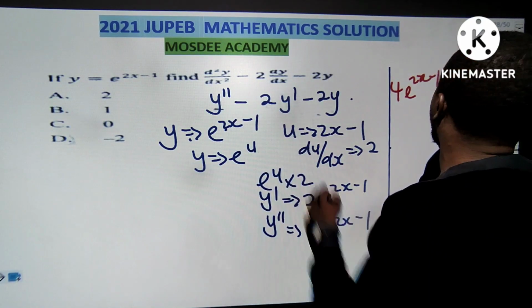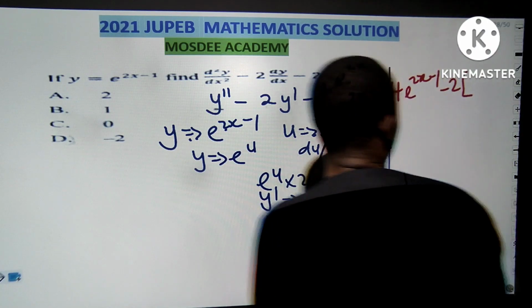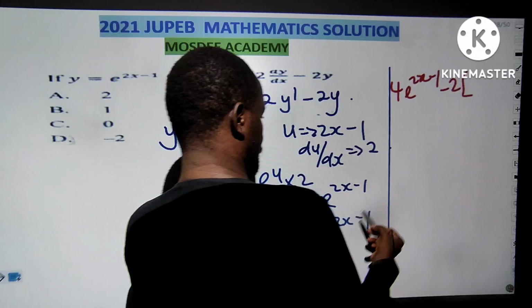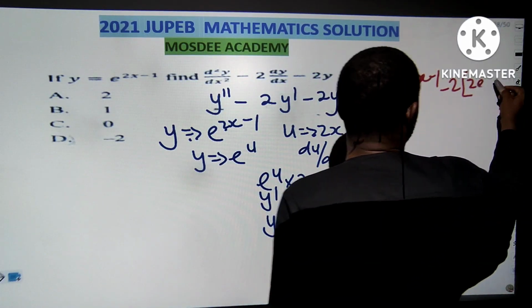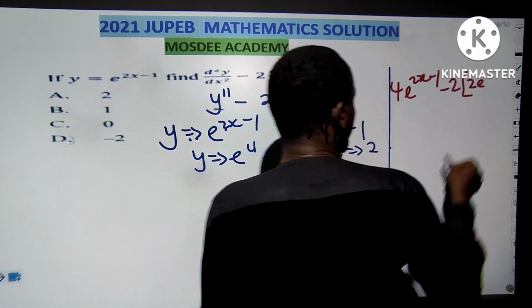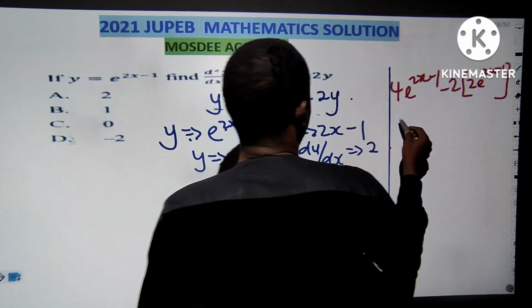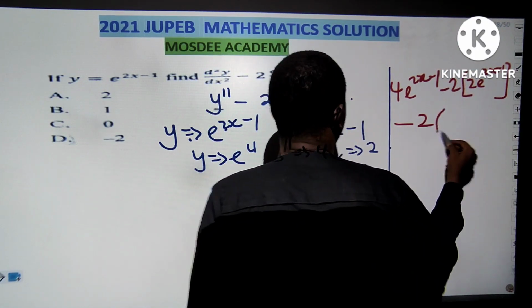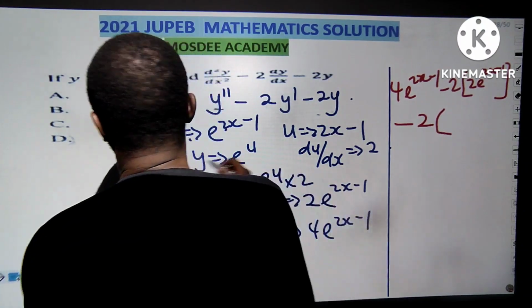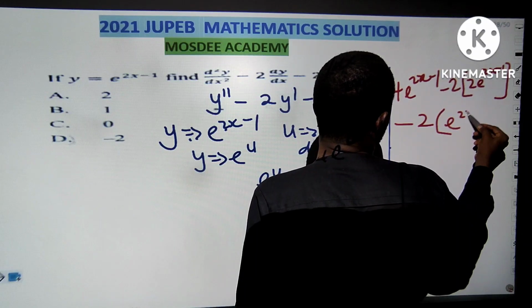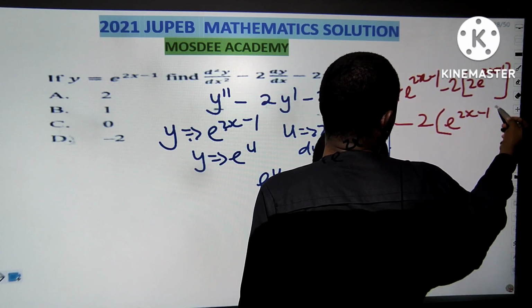I'm substituting minus 2 times, oh, I am not cutting, 2 times the dy/dx, which is y prime, 2e raised to power 2x minus 1. Then minus 2 times y. What's y initially, from the question? e raised to power 2x minus 1.